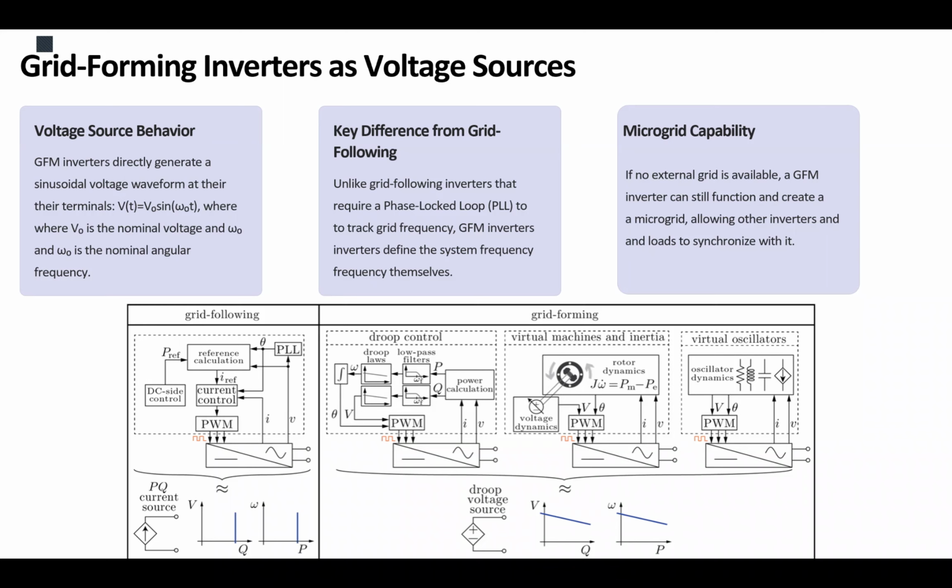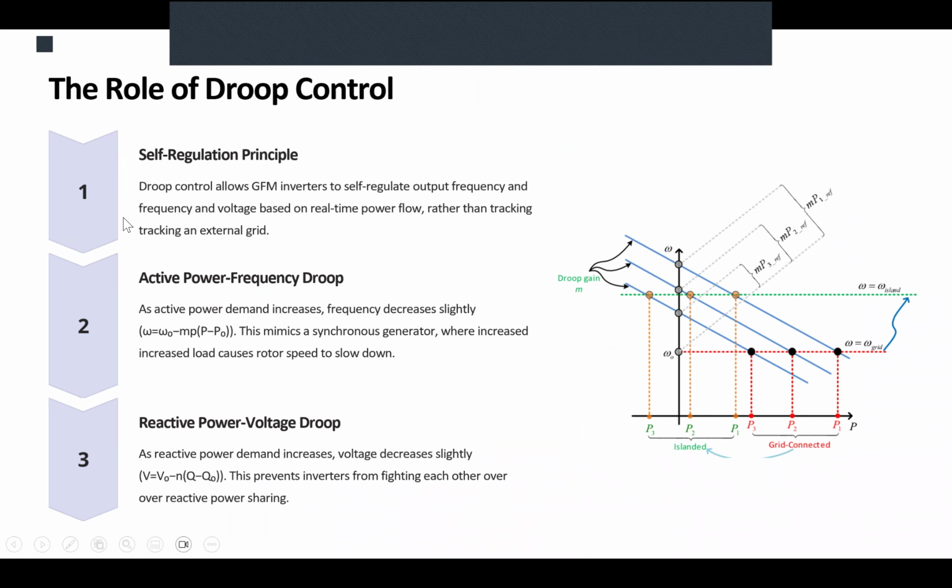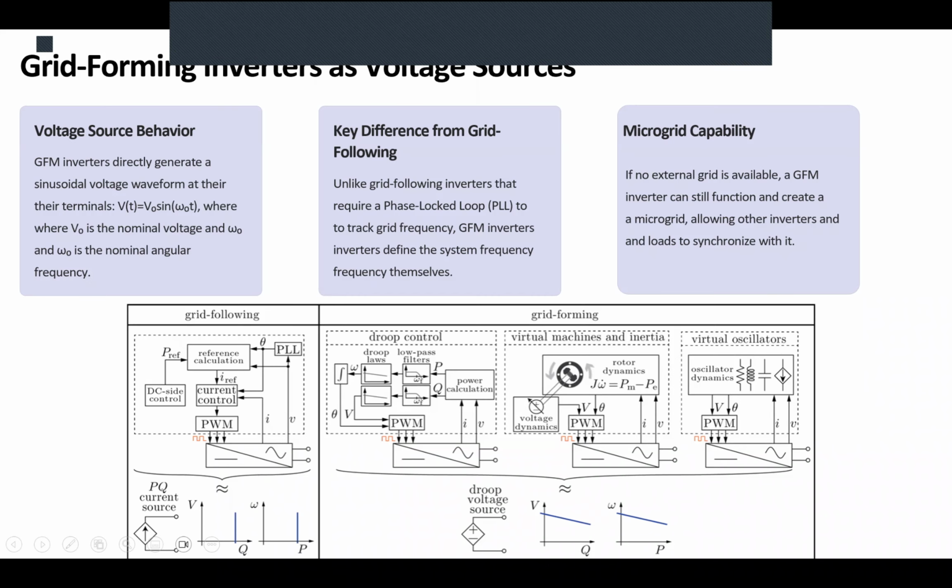The output is a function of your voltage, because our Droop control is setting the voltage and the frequency. Are we good? So that's why they consider the grid forming inverters a voltage source kind of system.